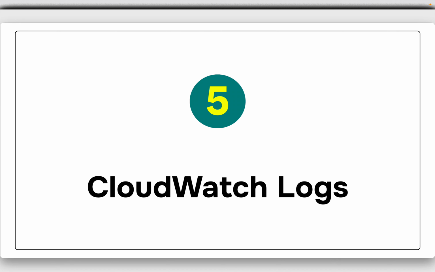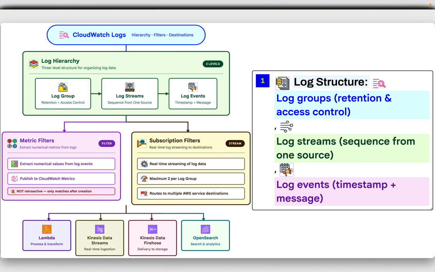Fifth topic is CloudWatch logs. The log structure has 3 levels: log groups for retention and access control, log streams for a sequence of events from one source, and log events which contain a timestamp and a message. Metric filters extract numerical metrics from logs.